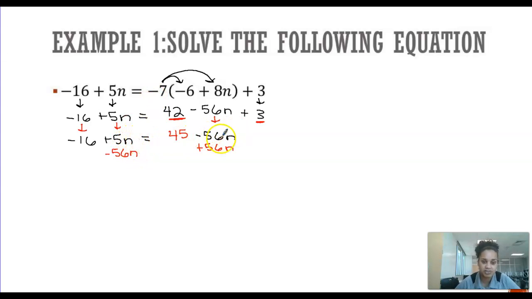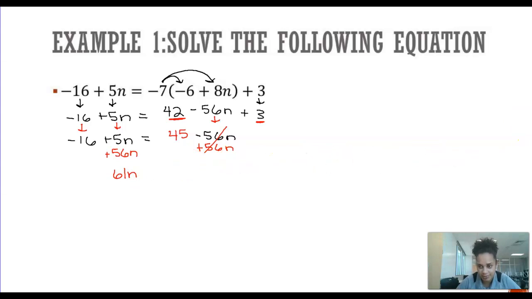So the inverse of subtracting 56n is to add 56n. And when I do that, the 56n will cancel on this side, and I moved it over here, and it's going to combine with that positive 5n. So, sorry, this is going to be plus because the inverse of subtracting would be to add. So let's go ahead and add those together, and I will get 61n.